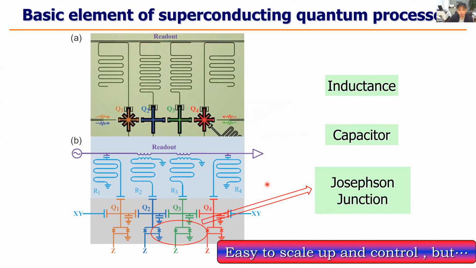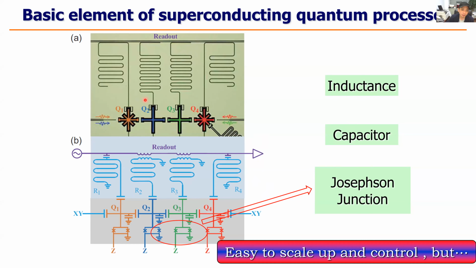Typically, we didn't have the resistance because resistance will introduce dissipation. And in this kind of system, because a single quantum is very weak, if there's a strong dissipation, it will destroy the coherence properties of the system. So typically, in such kind of processor, we didn't include resistance. It's only inductance, capacitor, and the Josephson junction.